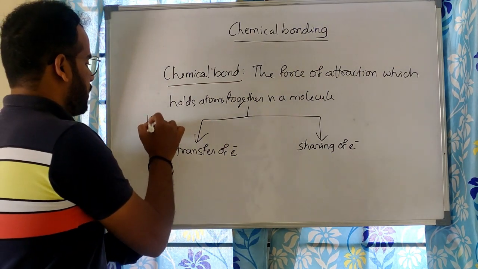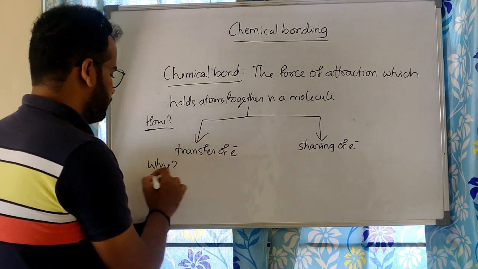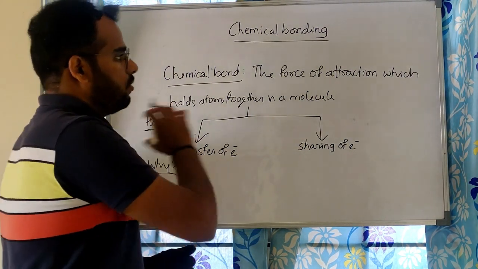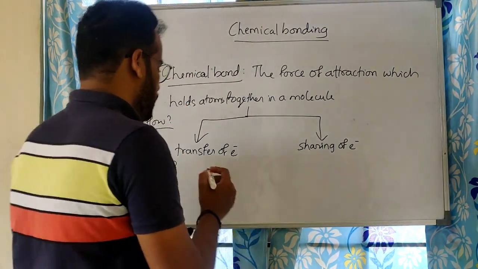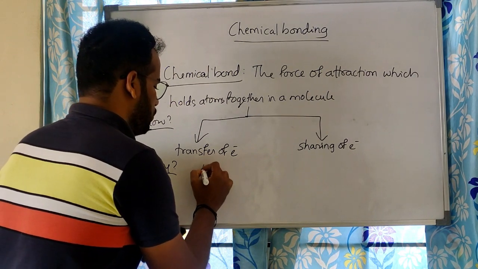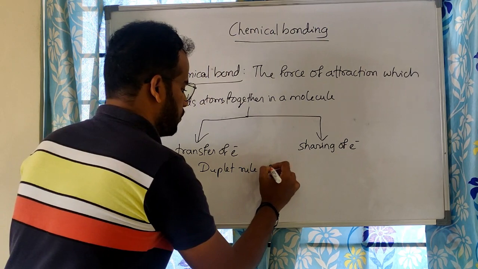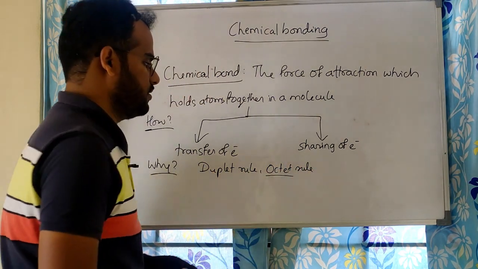Now this is how a chemical bond forms. But why is a chemical bond formed? Very simple. Always the atoms combine together to become stable. So the stability, you know already, is either the duplet rule or the octet rule. We already studied about these things.